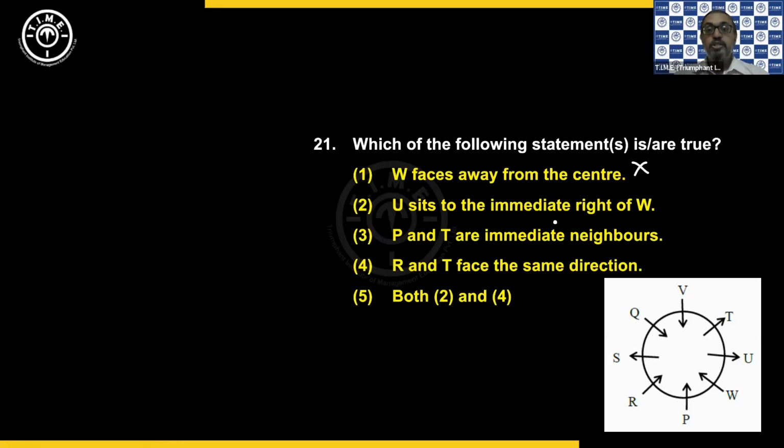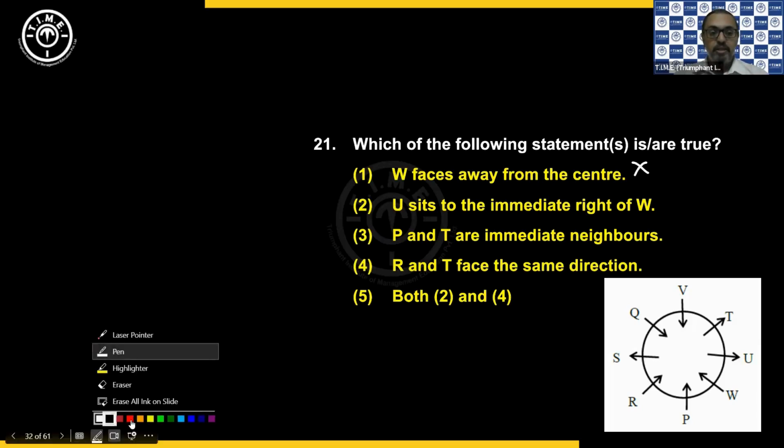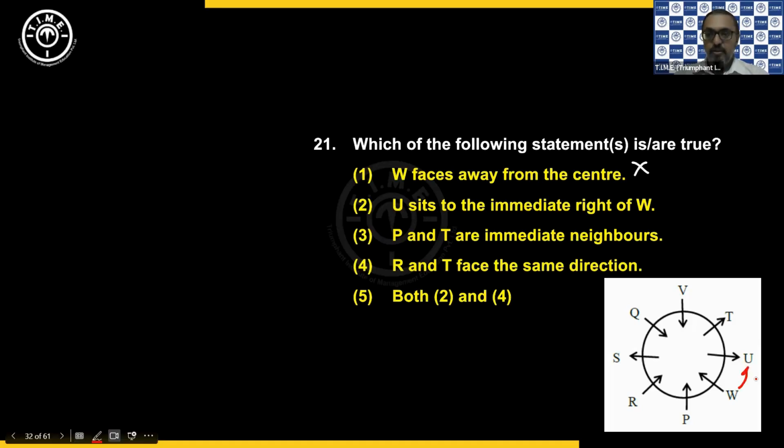Then next, U sits to the immediate right of W. So check, is U immediate right of W? Correct. W is facing the center, right is anti-clockwise, and U is immediate right. So choice 2 is definitely true. But here, if you look at the fifth option, he says both 2 and 4 are true. So I can straight away rule out the third one.